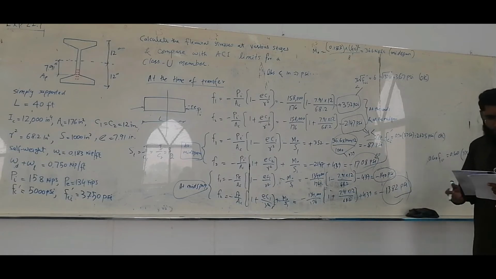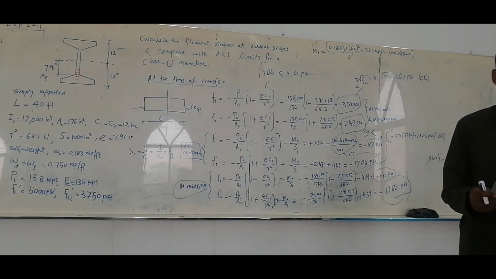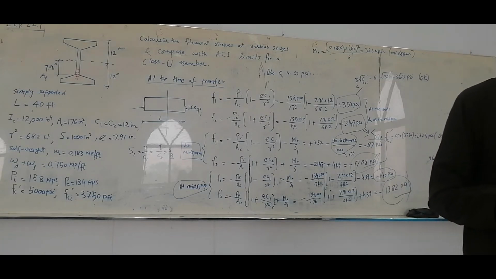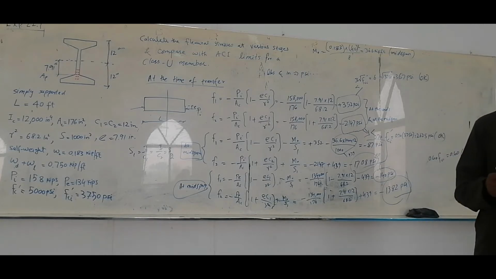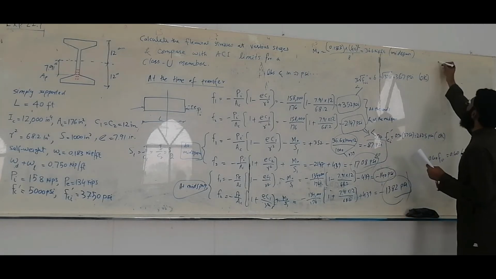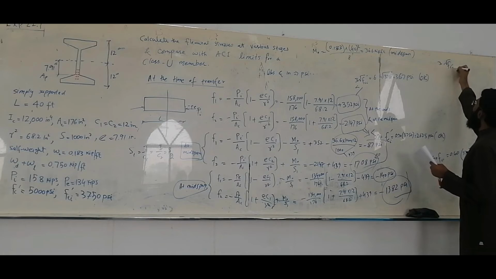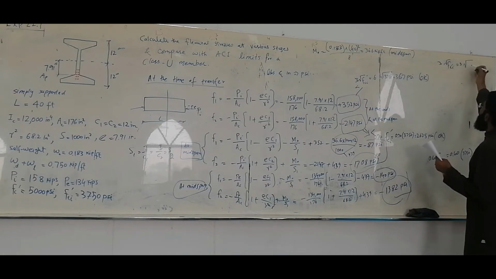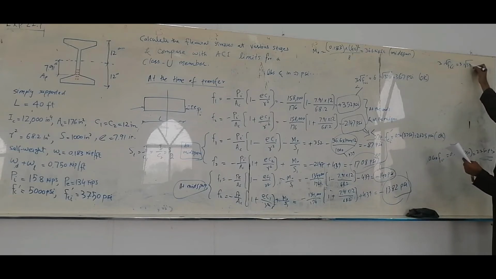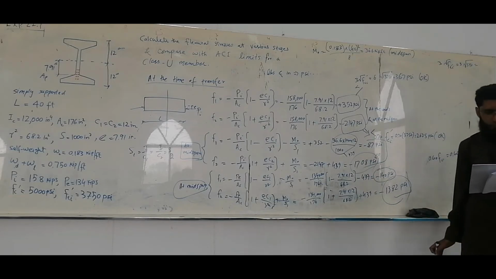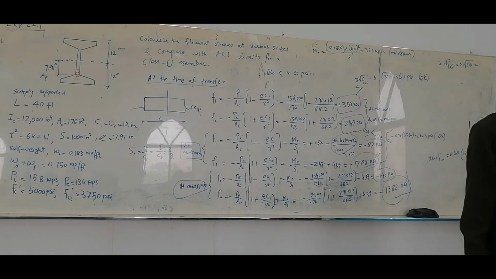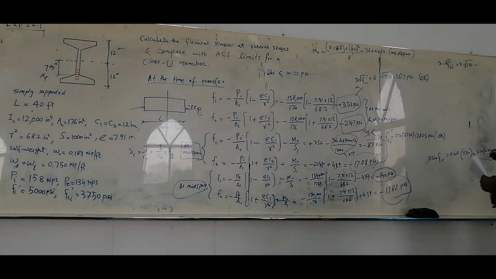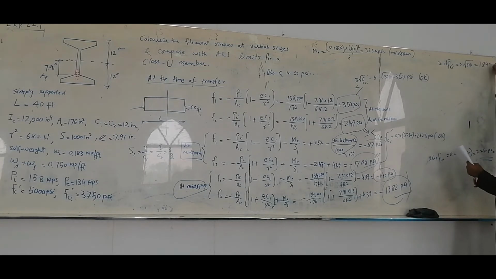The limit for the extreme fiber stress in tension immediately after transfer, at paragraph number C, is 3 root f'ci. What is this answer equal to? 184 psi.